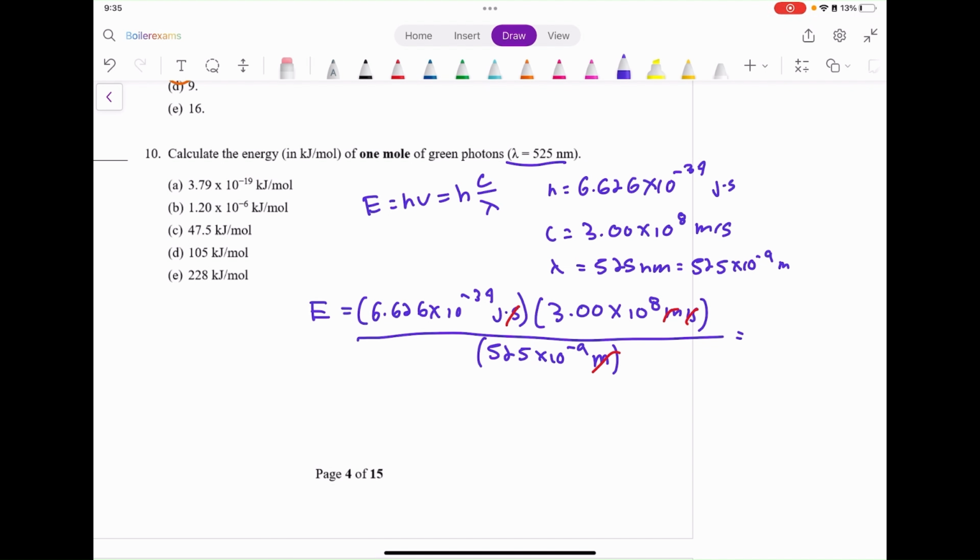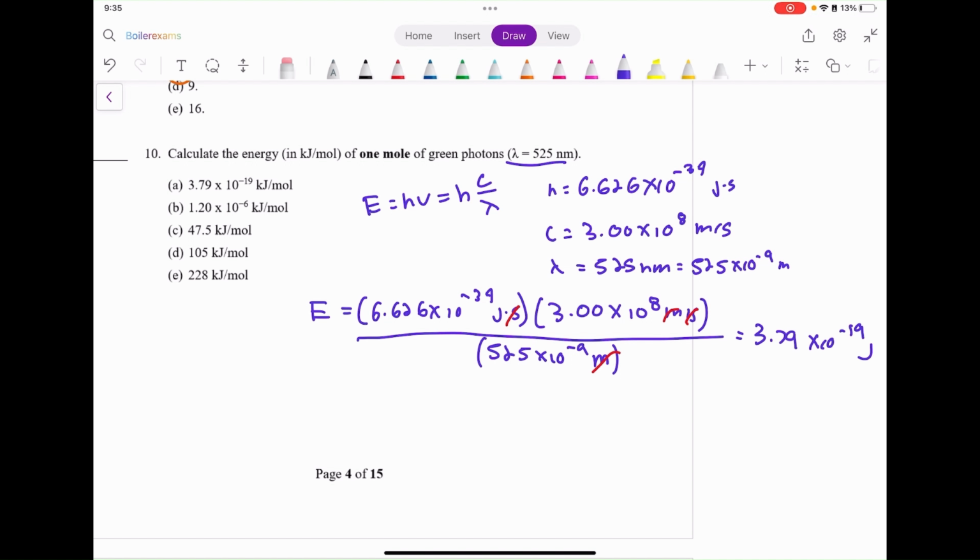Let's throw this in our calculators. Planck's constant times speed of light divided by our wavelength in meters. I get 3.79 times 10 to the negative 19 joules.